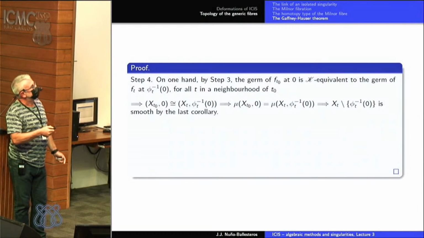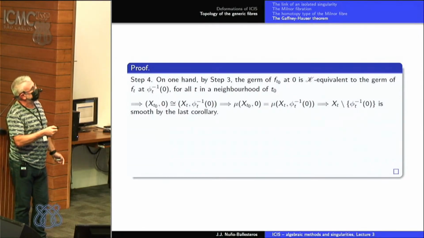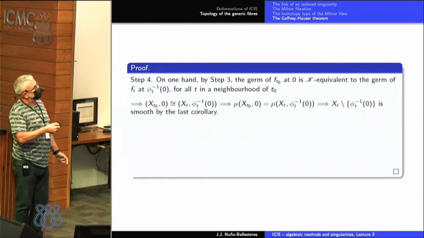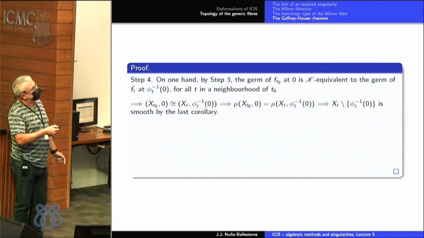But this implies that the ISIS defined by ft0 at the origin is isomorphic to the ISIS defined by ft at the corresponding point, which is phi t minus 1 of 0. But because of the invariance of the Milnor number, this implies that the two Milnor numbers are equal.